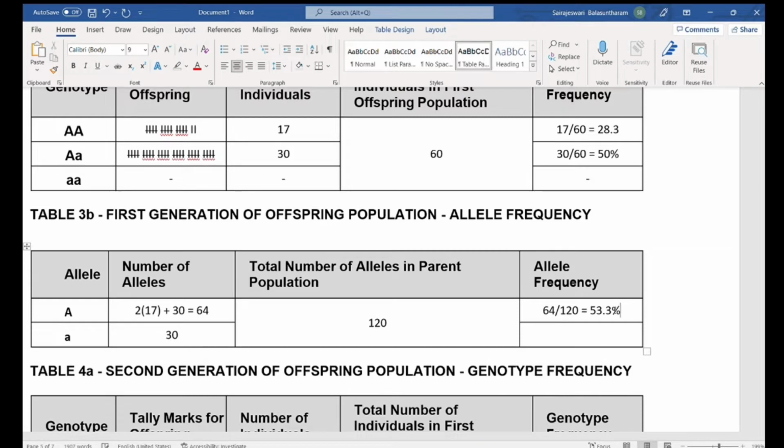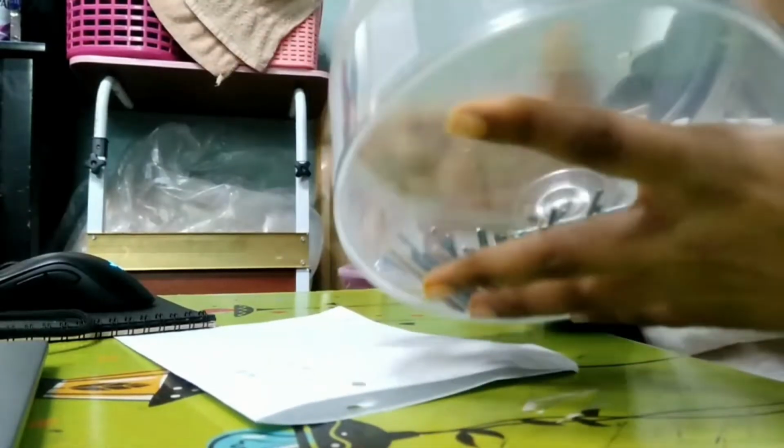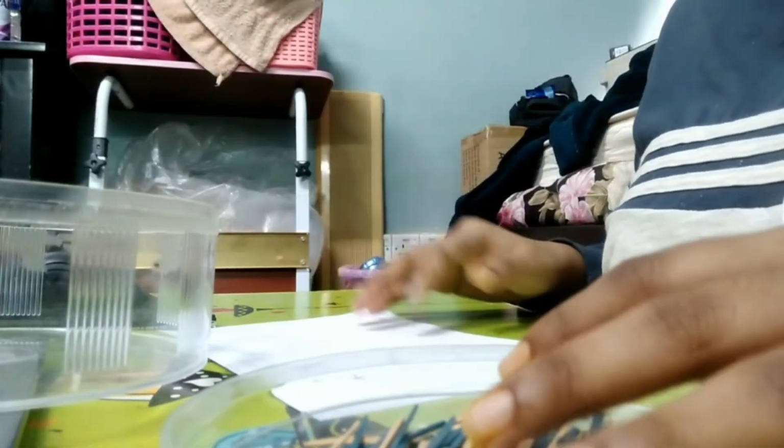So the allele frequency will be 64 over 120, and that will equal to 53.3%. And then the number of alleles for recessive will be 30 over 120 times 100, and that will be 25.5%. So now we will be doing the toothpick picking for the F2 generation from the F1 offsprings.